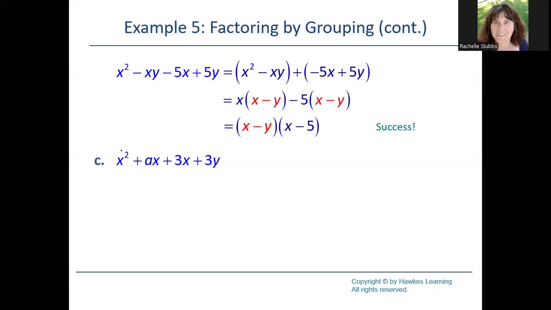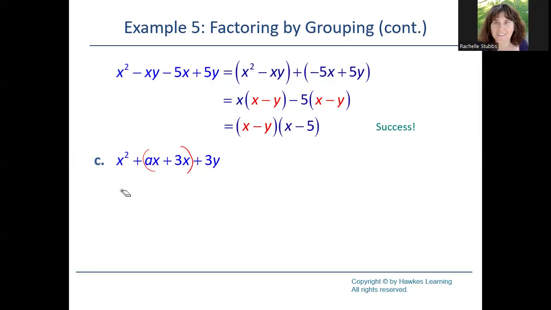And I look and I'm like, well, I tried these two. That didn't work. And if I try grouping these two together, and then like ax plus 3x and x squared plus 3y, in this one I get an x, but in this one there's nothing in common, so that doesn't work.